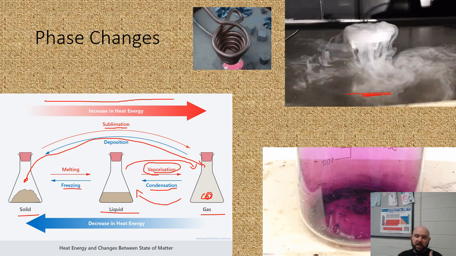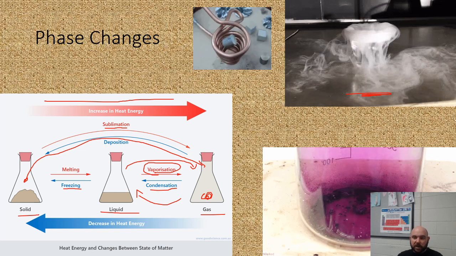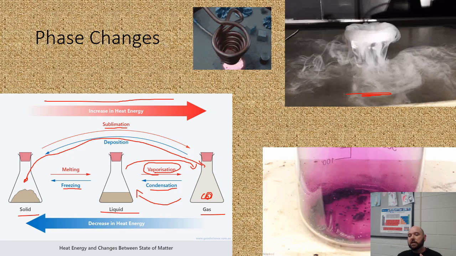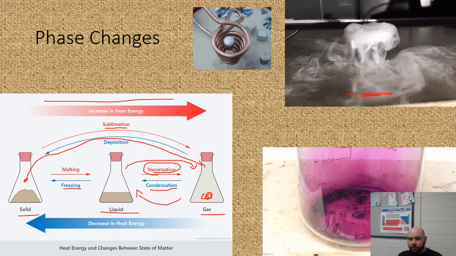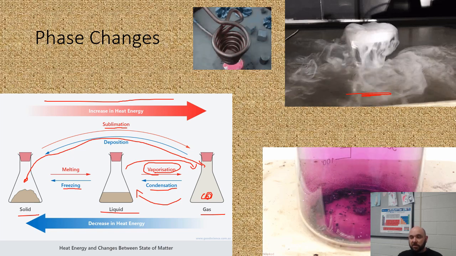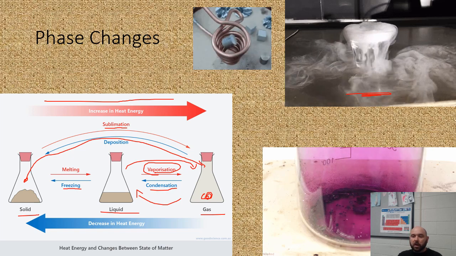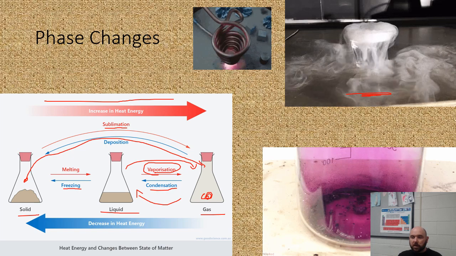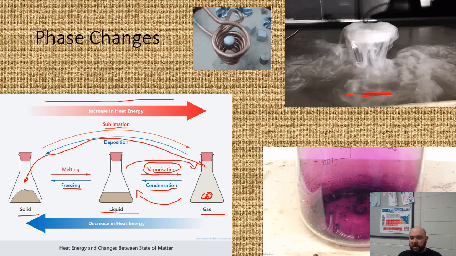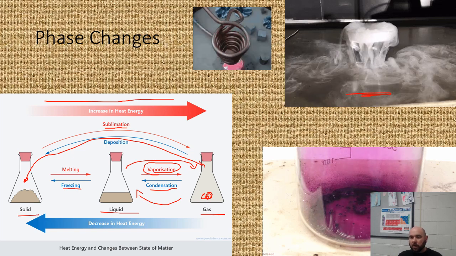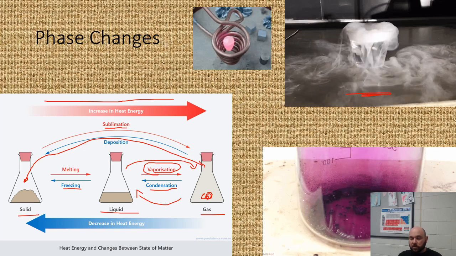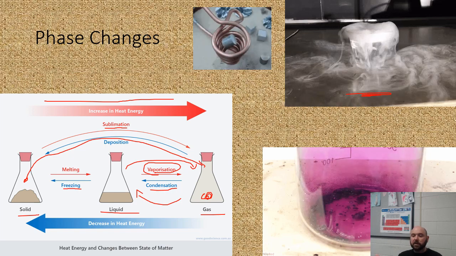What you're seeing there is what they call dry ice, which is frozen carbon dioxide. It's carbon dioxide in the solid state. At atmospheric pressure, so regular out in the open, if you heat up frozen carbon dioxide, dry ice, to room temperature, it turns into a gas without ever becoming liquid carbon dioxide.